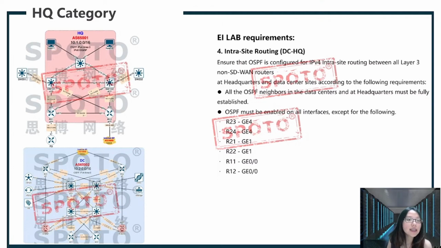Okay, so let's see the next part about this. You can see these are about the DC and the HQ category.